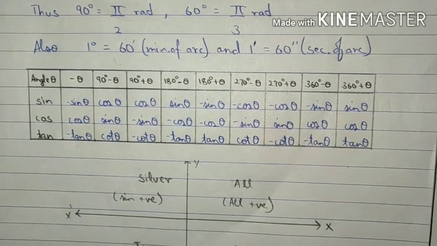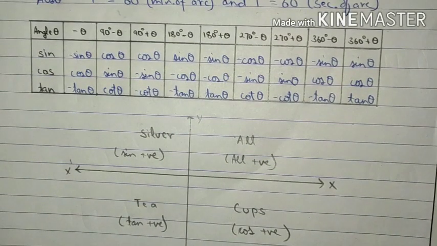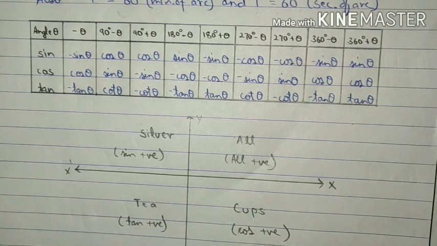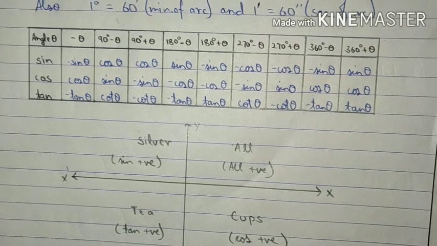Now, I believe that you already know trigonometric ratios for standard angles, that is sine, cos and tan values for the value of theta equal to 0 degree, 30 degree, 45 degree, 60 degree, 90 degree and so on.